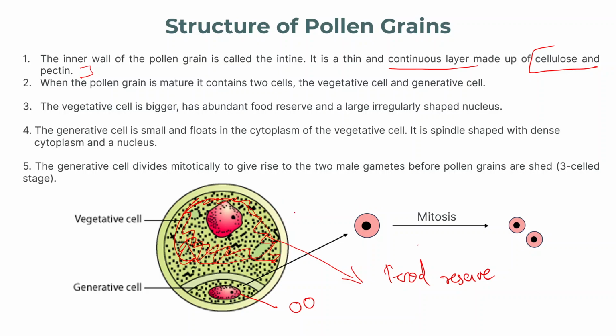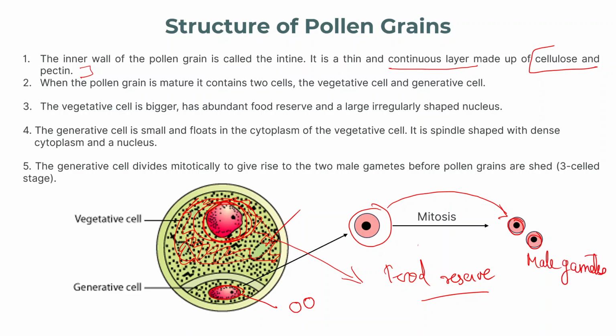The vegetative cell is bigger because it has food reserve, and it also has a large irregular shaped nucleus. But the generative cell has a small nucleus, and it is going to divide mitotically into two cells, which will be known as male gametes.